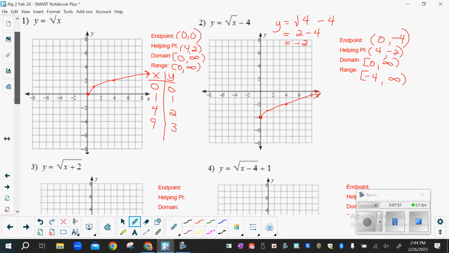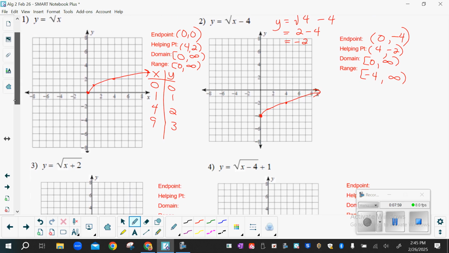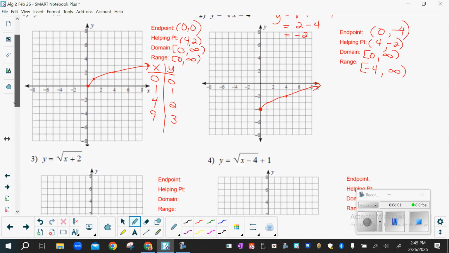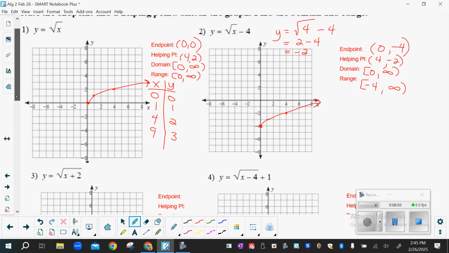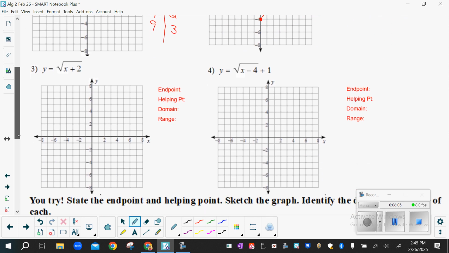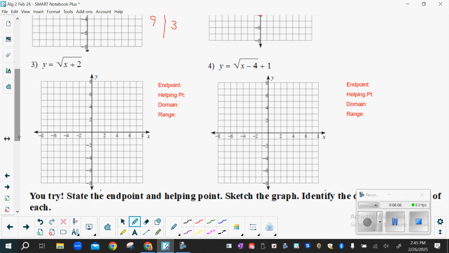Okay, moving on to number 3. Anybody still looking at that? Ready to go? Okay, what's my vertex on number 3? This group back here. What's my vertex? Your endpoint. Sorry.